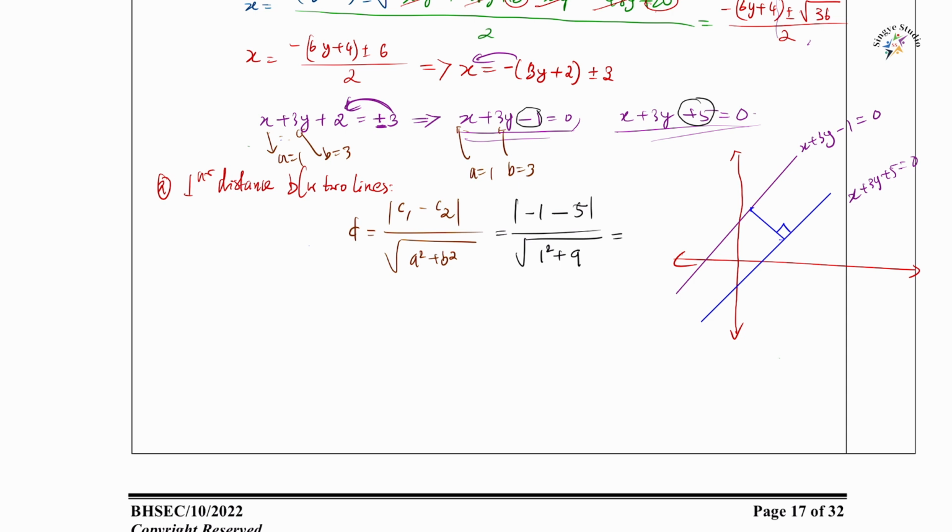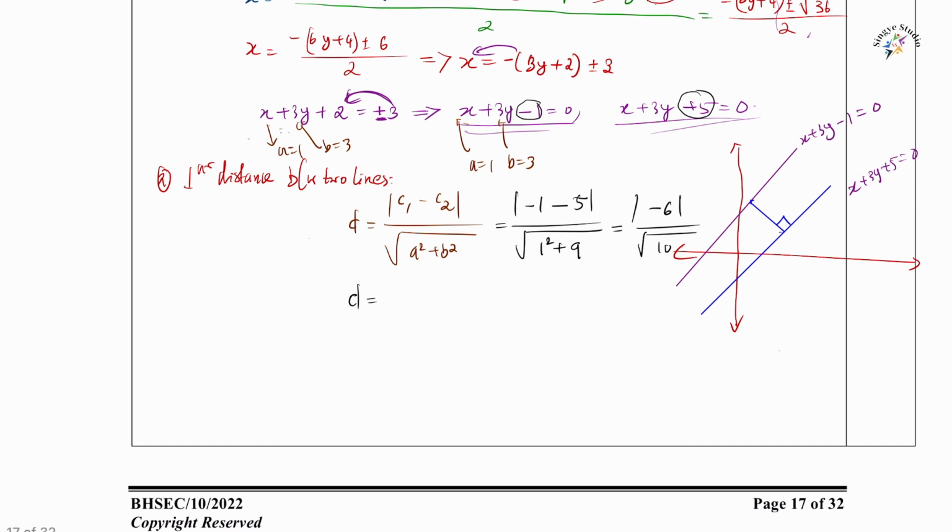So our value is negative 6 over root of 10. Our d value is the modulus of negative 6, which is just 6, divided by root of 10 units. So this is the distance between the two lines.